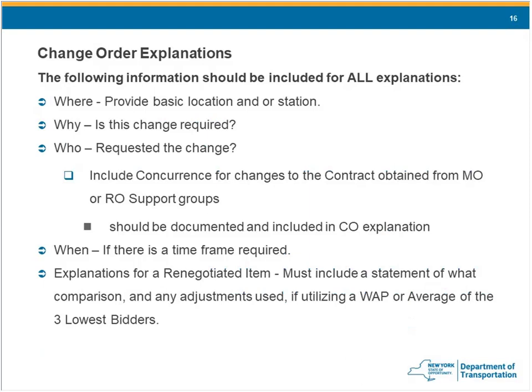So a traditional change order that results in $0 can create some issues, so we try to avoid them as much as possible. But if you have a true $0 change order that's an FCP, it's not going to OSC, so it's not an issue for them, because FCPs are $0 and they only go to the regional construction engineer level.